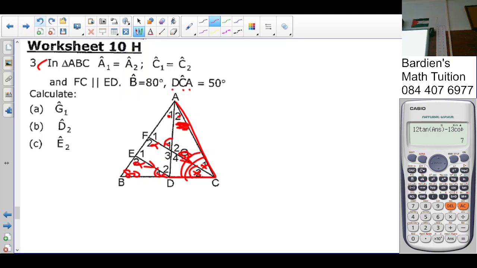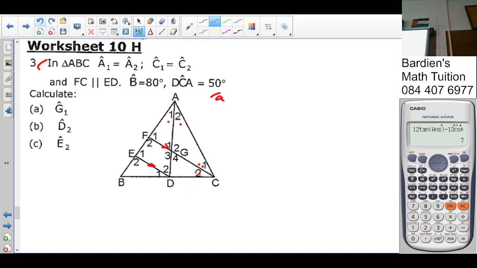G1. So you've got the exterior angle, you've got 25, corresponding. Let's go again. So in the triangle we say that that angle is equal to that. That angle is equal to that there. These lines are parallel. Okay.